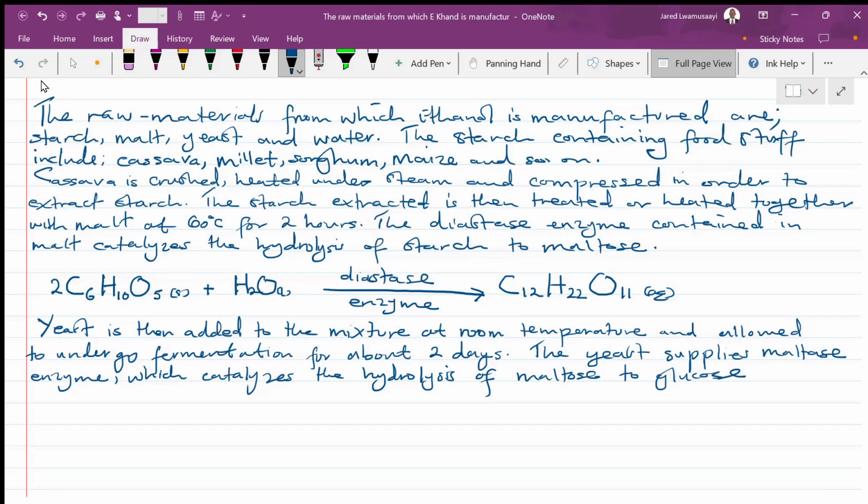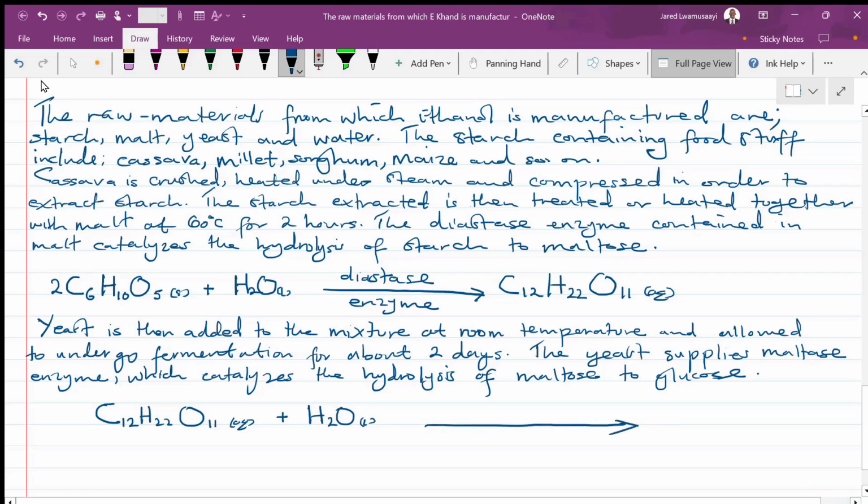And below here you can write our equation. This is our maltose, and undergoing hydrolysis, addition of water, which is a liquid, giving us glucose, under the influence of maltase enzyme.